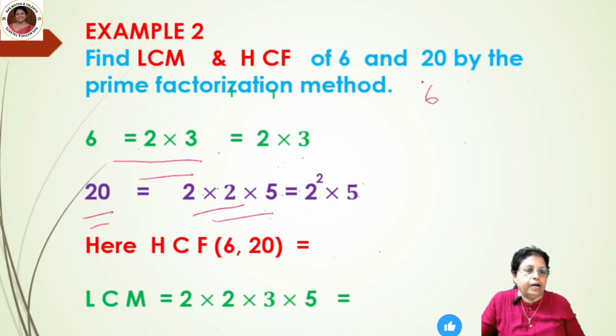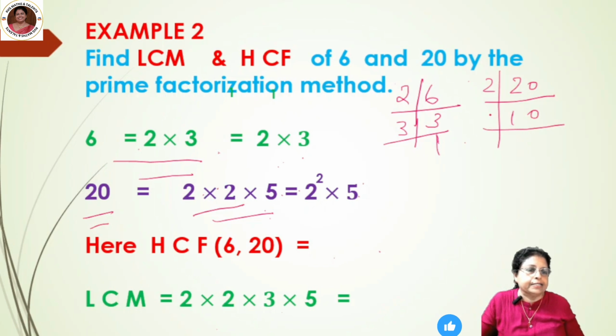If you have any doubt, you can find the factorization like this. 6 can be divided by 2, 2 times 3. Then 3 is the 1. Then next 20. 20 can be factorized like this. 2 times 10. 10 is divided by 2. That is 5. 5 is divided by 5. Then you can get 5. Then 2 times 2 times 5. That is 2 square times 5.